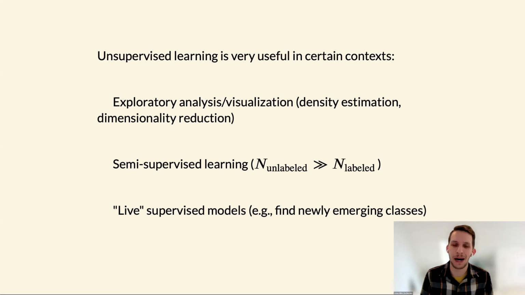As you are running a model live on real data, it is often the case that there are examples that show up that were not present within the training set. And as you find more and more of these poorly classified examples, unsupervised methods can sometimes be useful to identify new emerging classes within the data. So again, to go back to the fraud example, suppose someone had technology so that the magnetic bar on a credit card could be spoofed quite easily, and machine learning started to catch all of those instances.